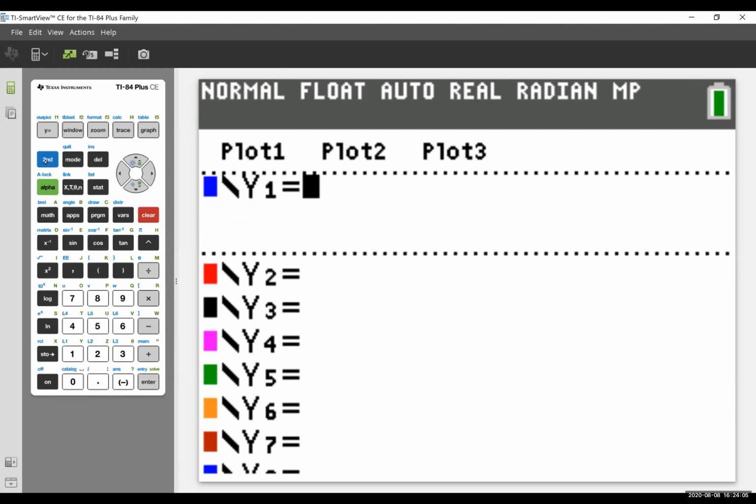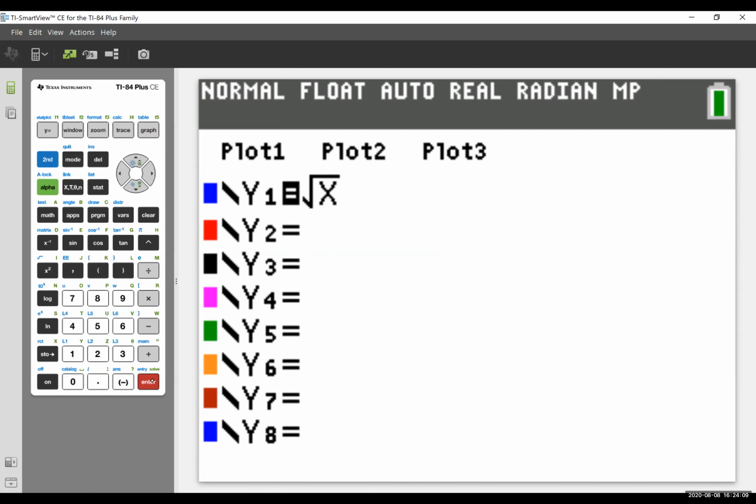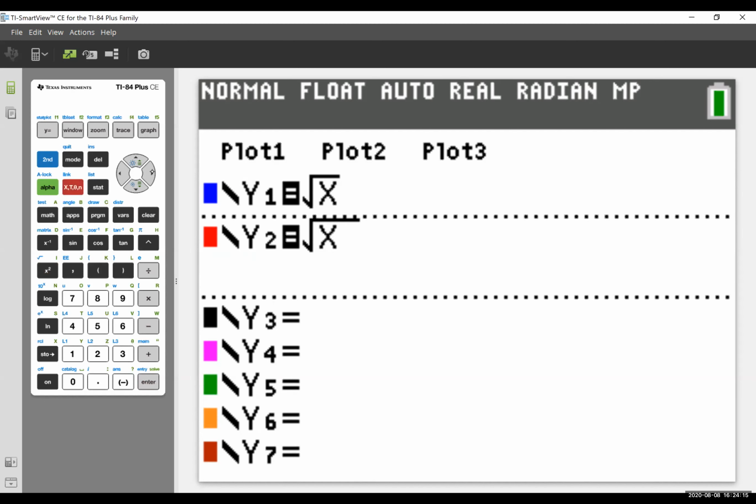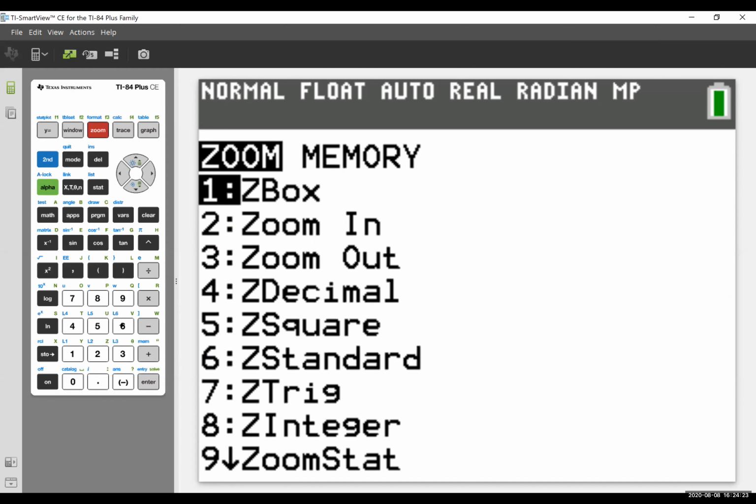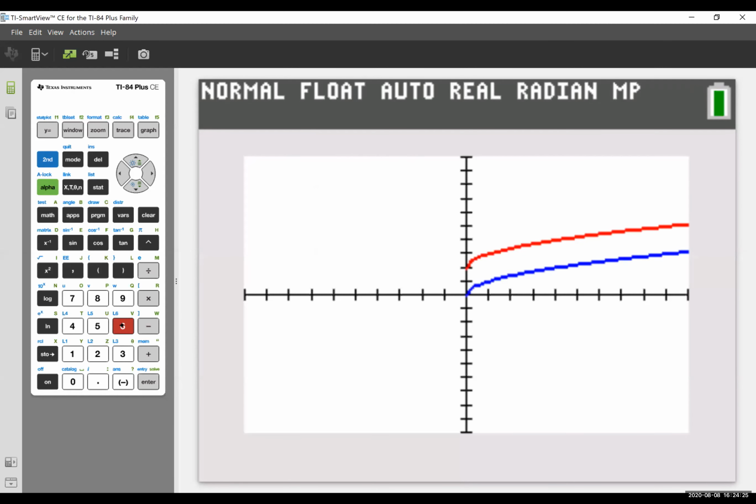So I'm getting square root of x. That was my parent graph. And my modified function, I believe, was square root of x, and there's a plus 2 on the outside. Very important to understand it's on the outside.